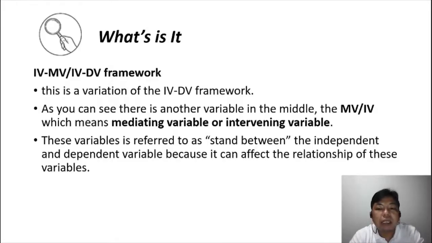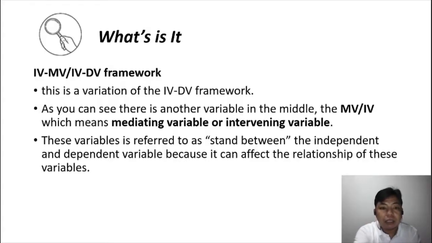Yung tinatawag natin na MV/IV or mediating variable or intervening variable. Now, yung mediating variable or intervening variable, ito yung tinatawag natin na stand between variable. Okay, kasi nandun siya sa gitna ng independent variable at saka ng dependent variable. Bakit nandun siya? Nandun siya kasi ipinapaliwanag niya kung ano nga ba ang relationship ng independent variable sa dependent variable.